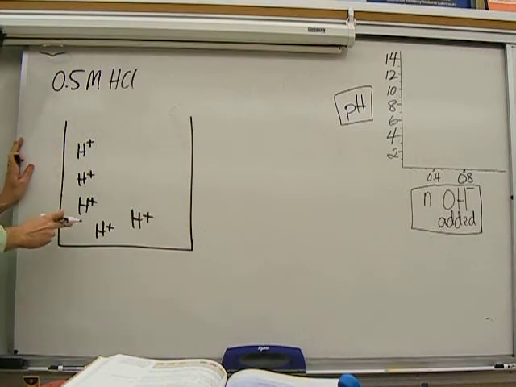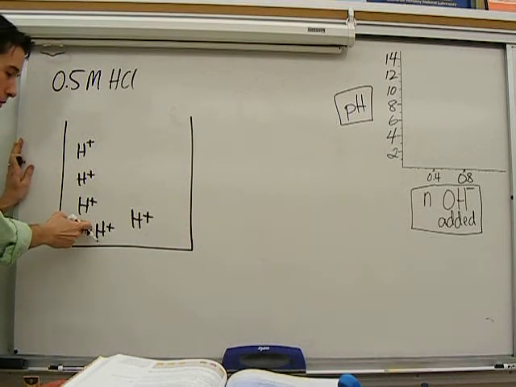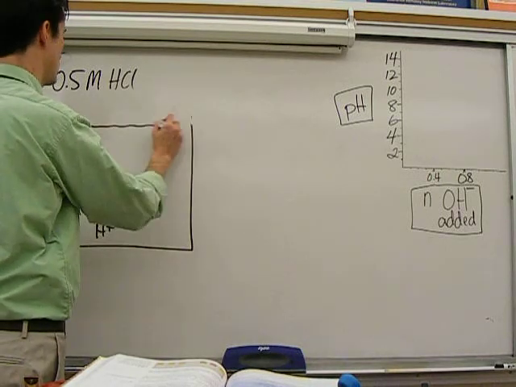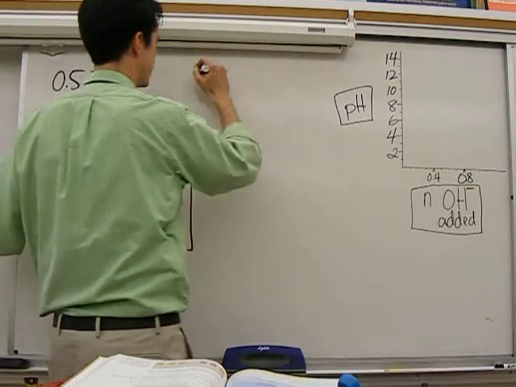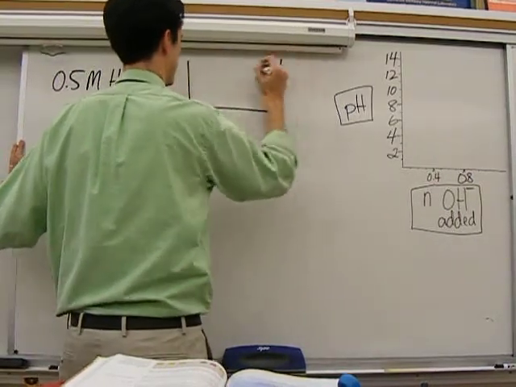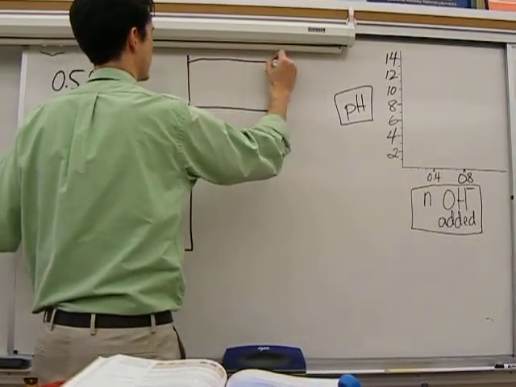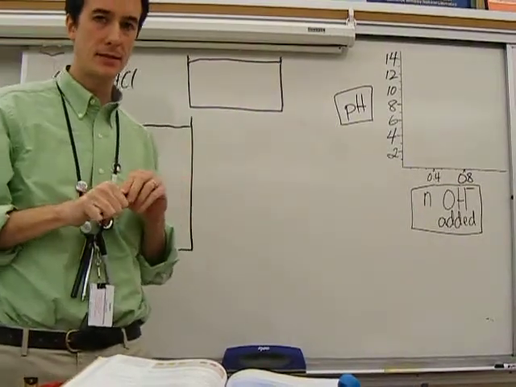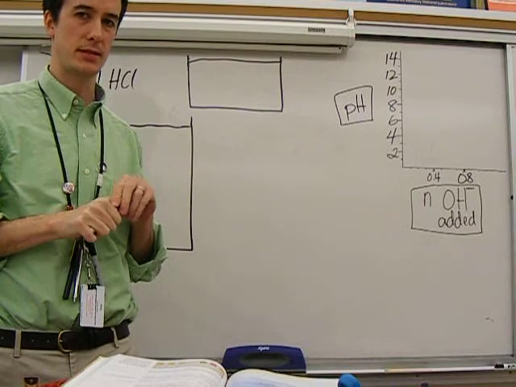All right, I still have each one representing 0.1 moles of H+. Now, to this, we are going to add a weak acid and its conjugate base.